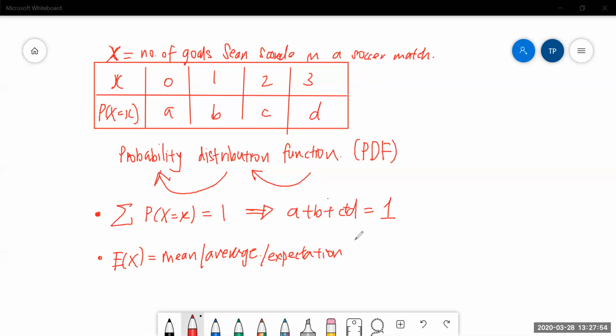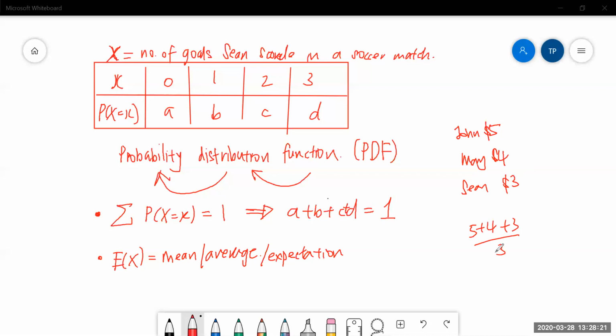Like last time we will say, let's say John has $5, Mary has $4, then Sean has $3. What's the average amount of money that they bring to school? Then you'll be like, 5 plus 4 plus 3 divided by 3, right?